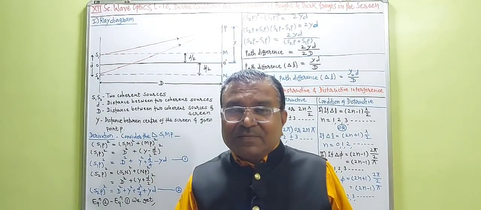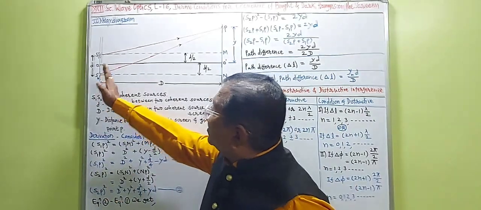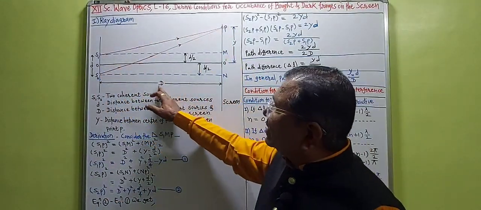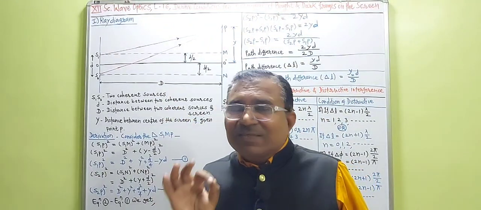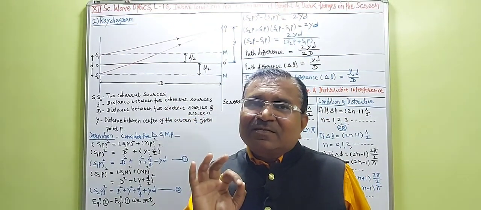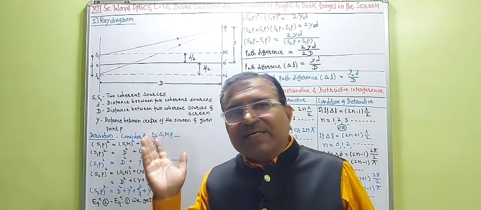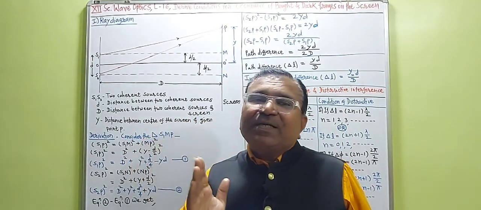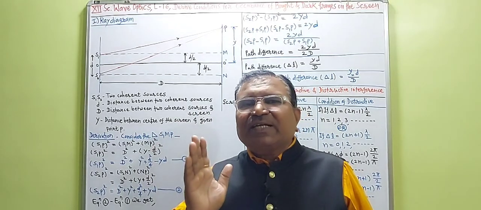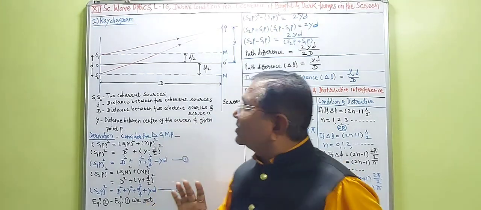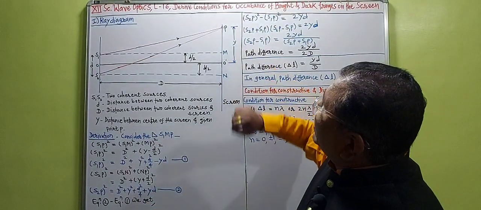Small b. The distance between the two coherent sources and the screen is capital D. Next line. Small d is very much smaller than capital D, or capital D is very much greater than small d.